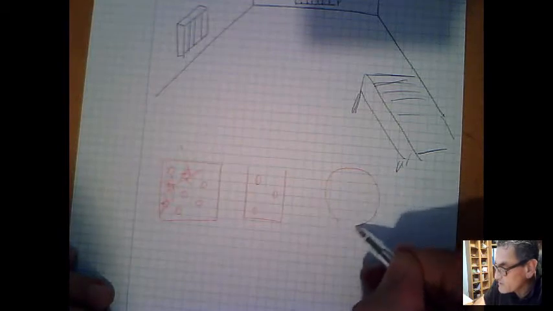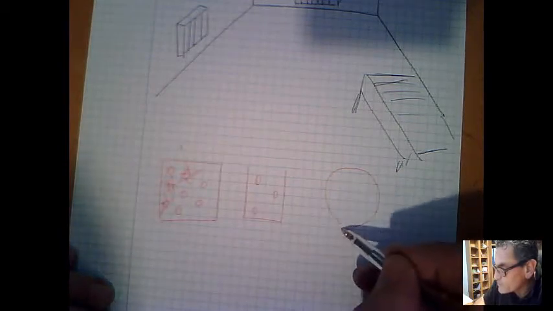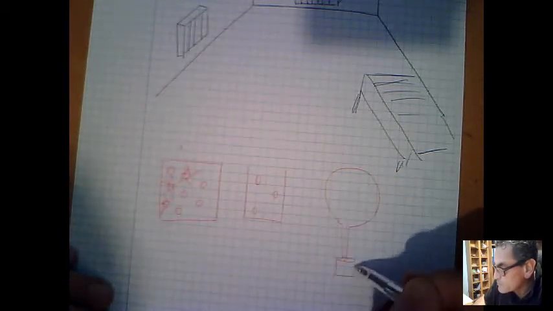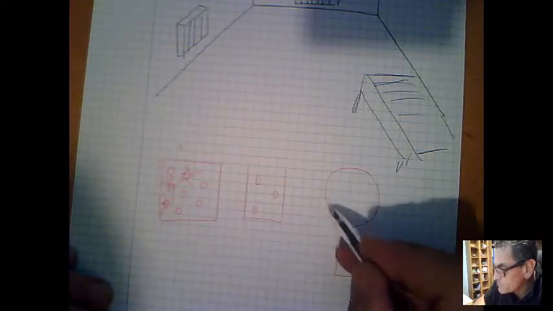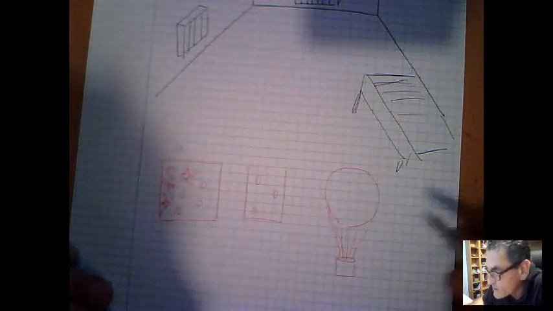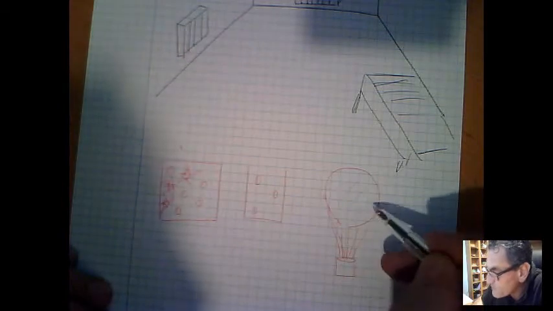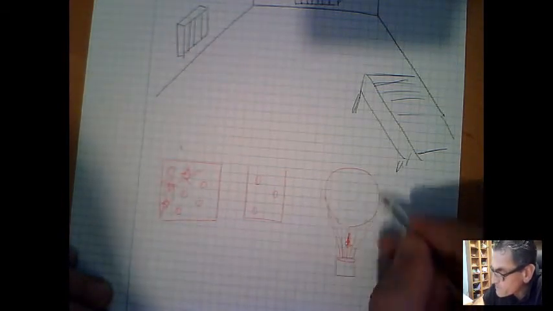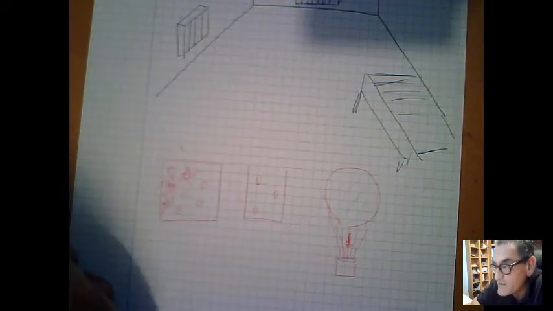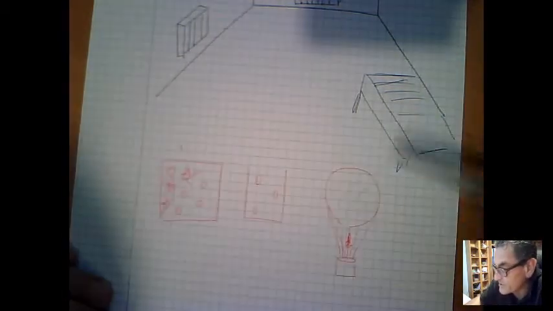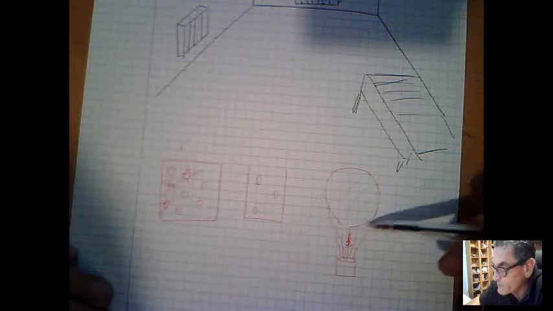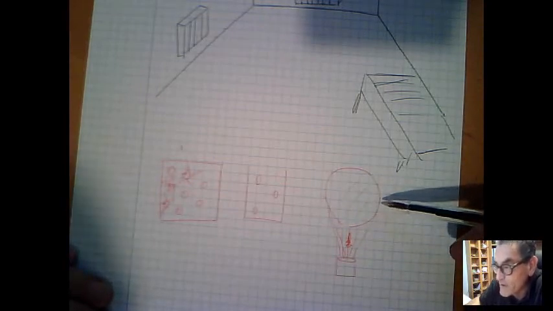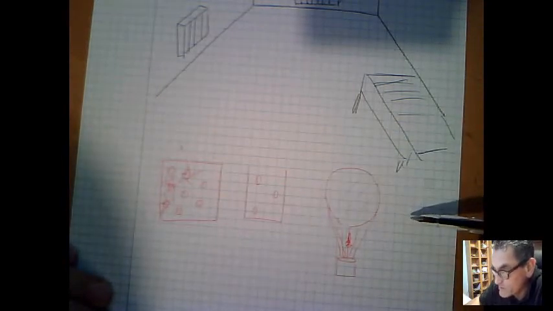If you take these warm air balloons, you know these balloons people like to travel with, they are filled with warm air. There is a burner and a flame which heats up the air. Why is this thing flying? It is flying because the warm air which is here is lighter than the air which is around.